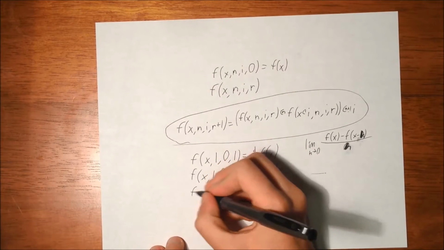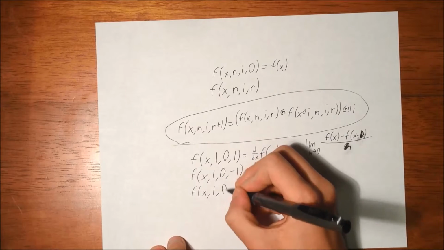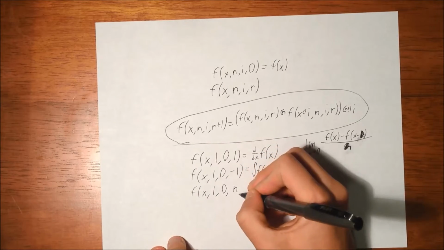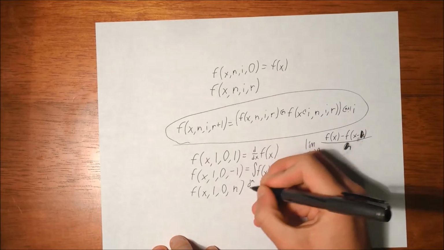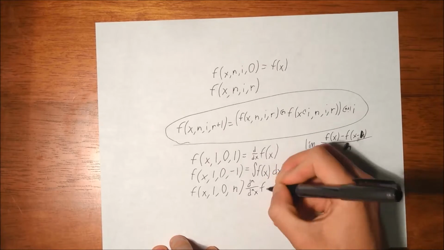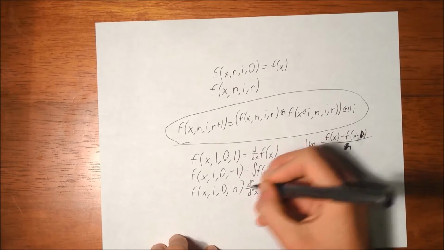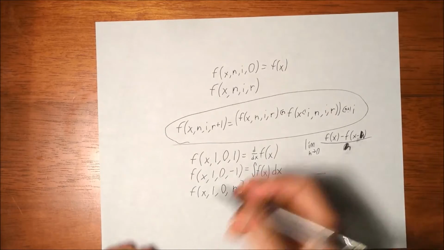Now, if you use the same thing, grade 1, interval 0, and repetitions as n, that is dn over dnx f of x. So, if n is 2, that's the second derivative, and like that.